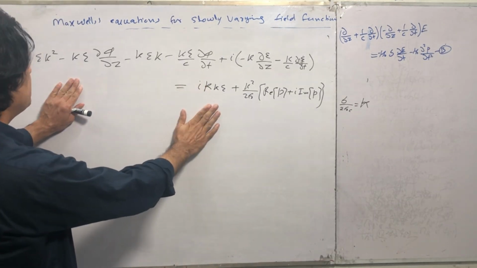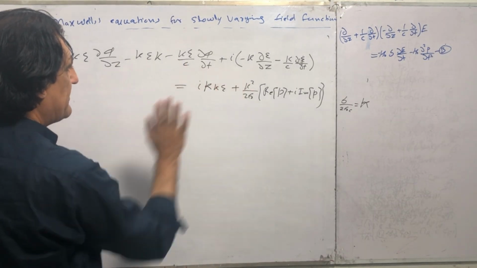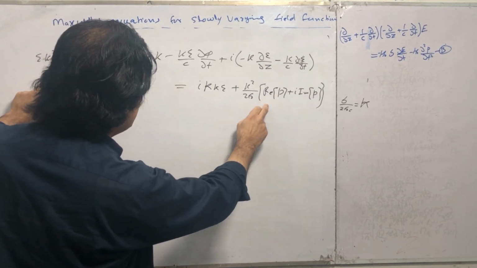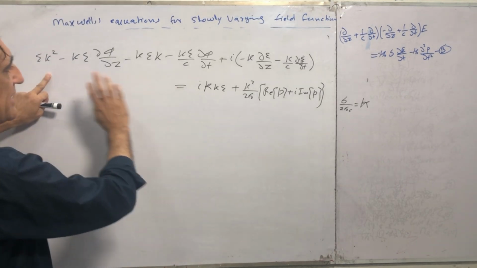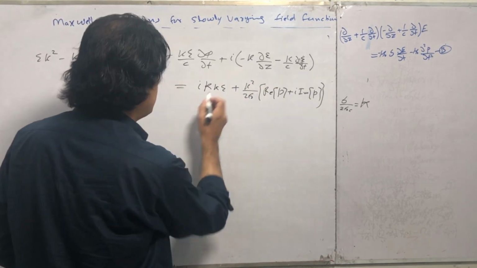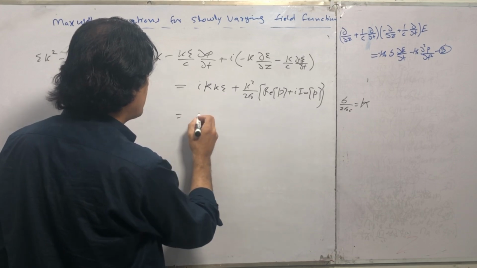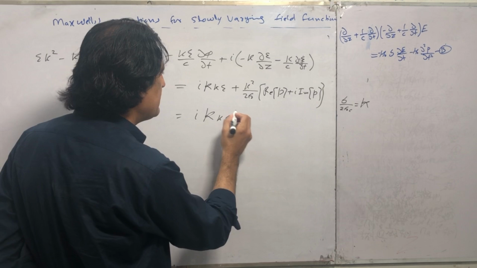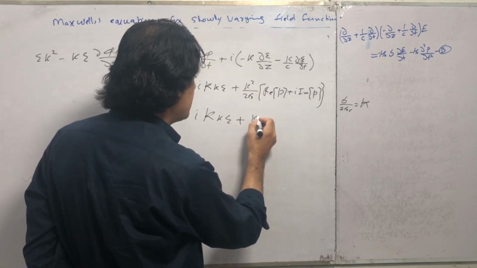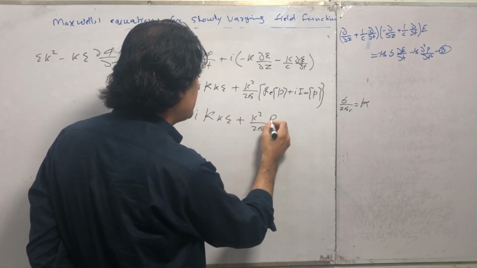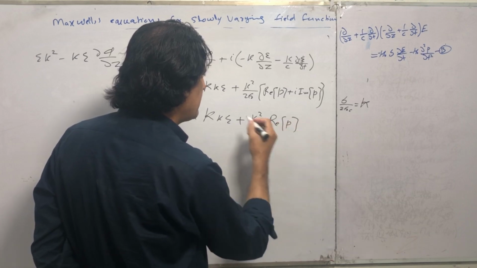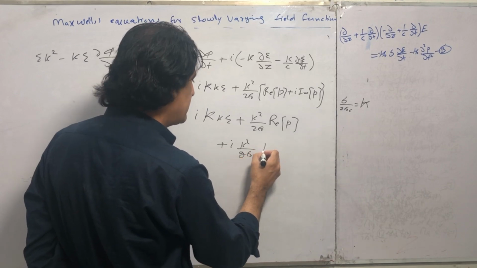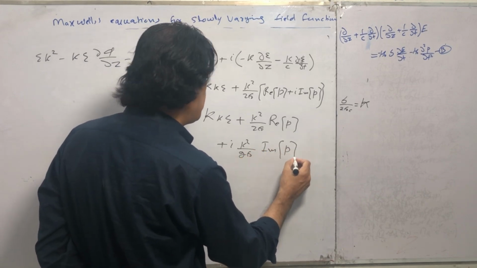Now from this equation, compare the real and imaginary part. So this is the real part, which will be equal to the real part here, and the imaginary part. Let me write this in a simpler form. This is kappa k e plus k square divided by 2 epsilon naught real of p, and plus iota k square divided by 2 epsilon naught imaginary of p.